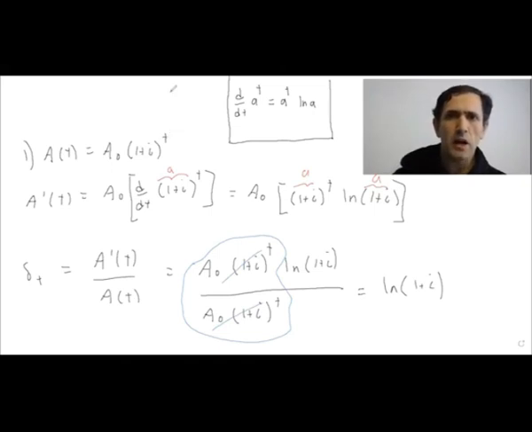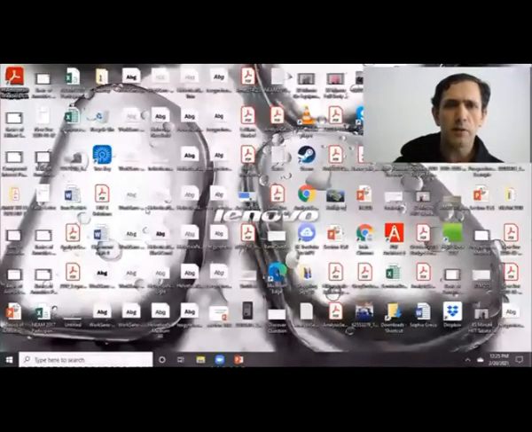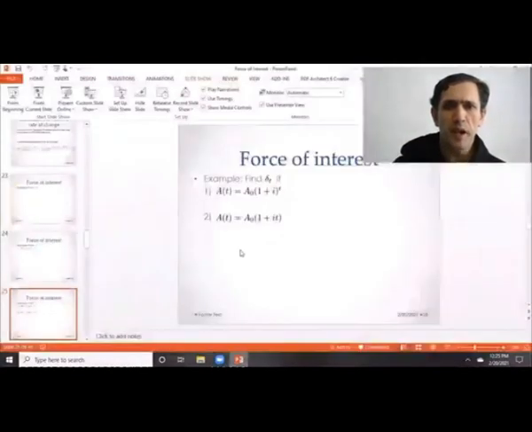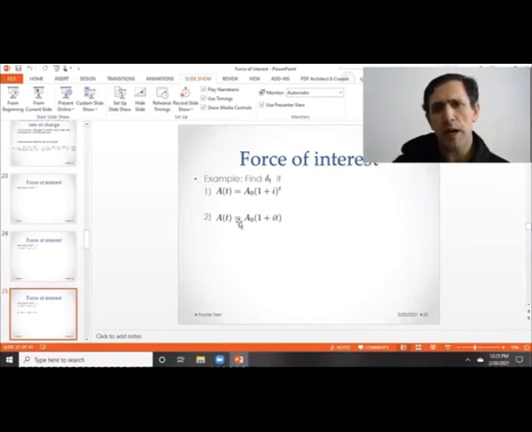Okay. Yeah, so let's do another very simple example, and that is, let's find the force of interest when we have simple interest. And the answer is going to be not as simple as it is for compound interest.